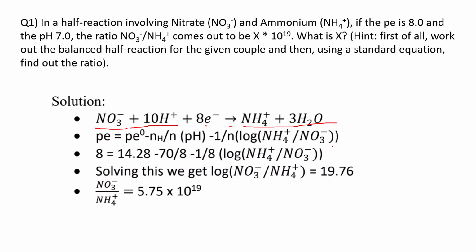We have all these values: pE is given as 8, the pH is also given as 7, and pE naught we need to find out from the textbook. n_H and n, everything we know. Now we just put this in the equation, and by solving this simple equation we get nitrate by ammonia equal to 5.75 times 10 raised to the power 19.